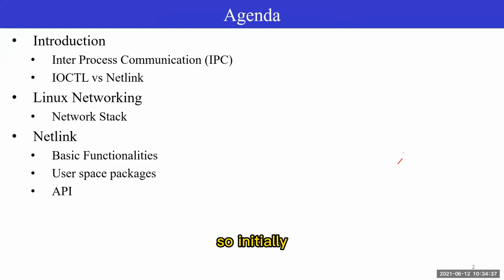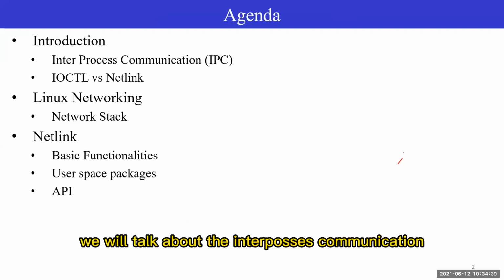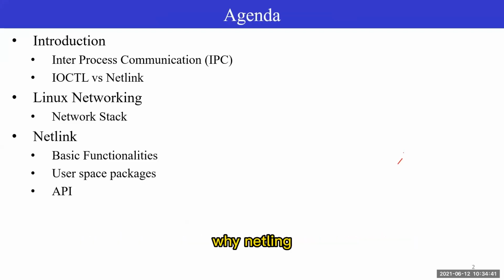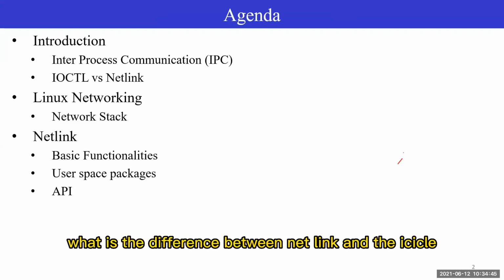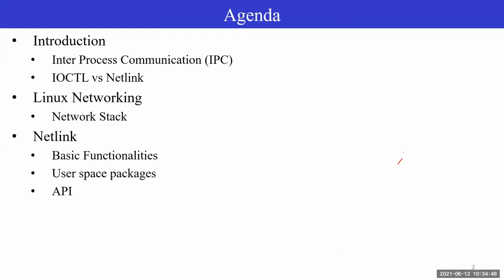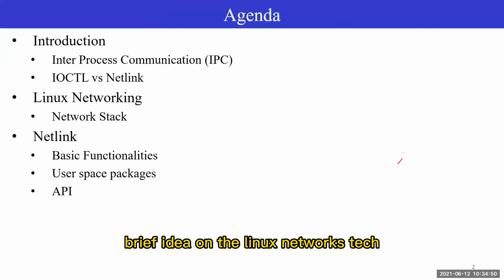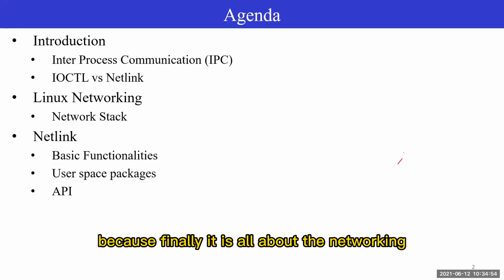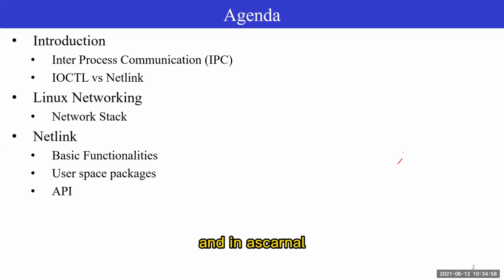Initially we will talk about inter-process communication, why Netlink has come, and what is the difference between Netlink and ioctl. Then a brief idea on the Linux network stack, because finally it is all about networking and Linux kernel internal networking.